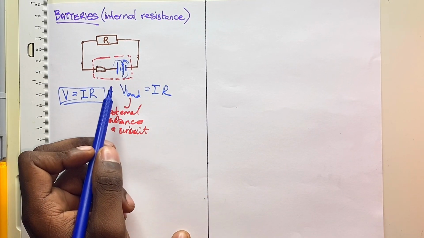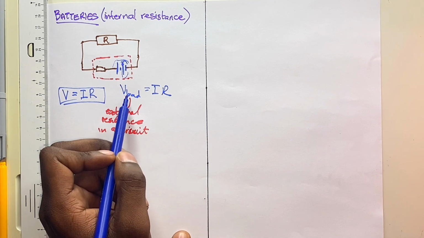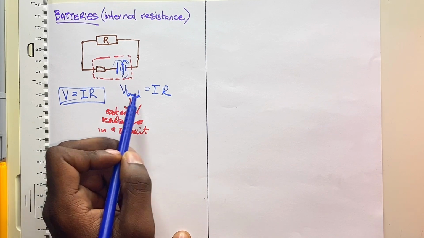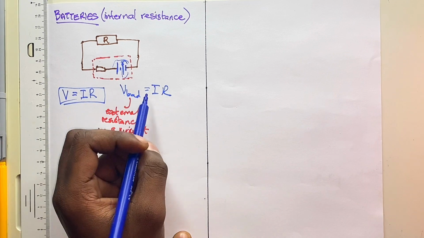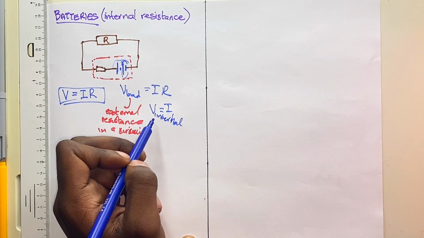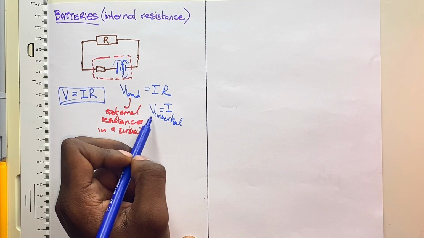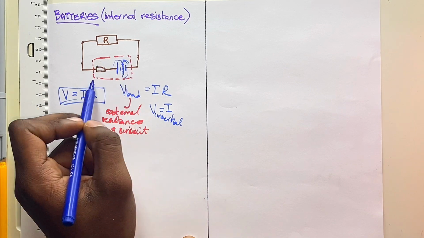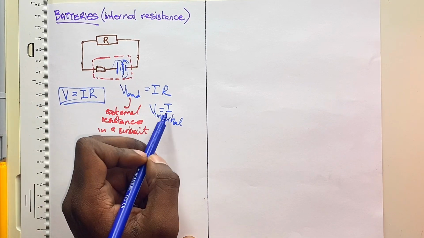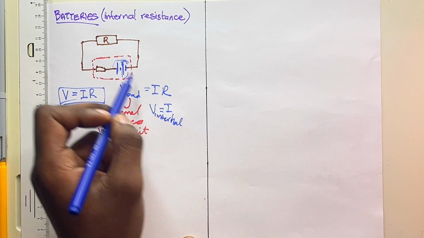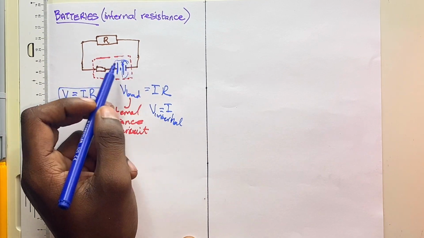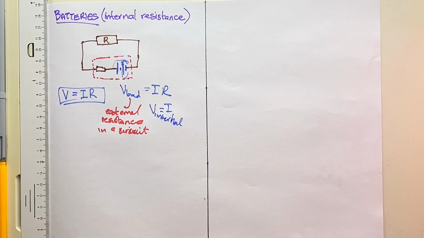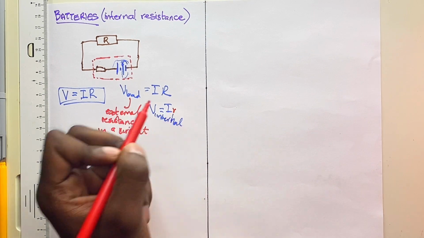Because of internal resistance, the voltage under load might be lower than its no load voltage. The no load voltage will be the internal voltage inside the battery itself, and that will be given by the total current of the circuit multiplied by the internal resistance.